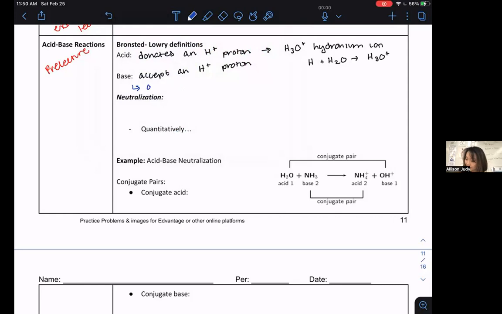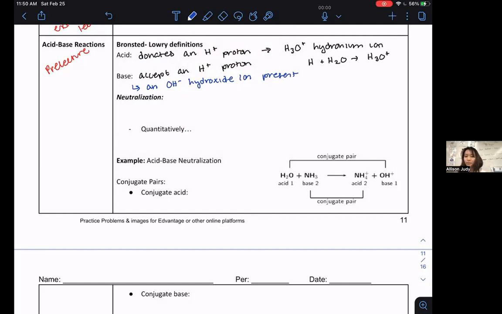We could say that it is also a compound that possesses an OH- hydroxide. So an OH- hydroxide ion is an anion that would readily accept that H+ proton. This is a second way that falls under the general category of the base definition, the ability to accept an H+ proton. It's an easy way to identify when we're working with really strong bases that are really likely to accept an H+ proton.